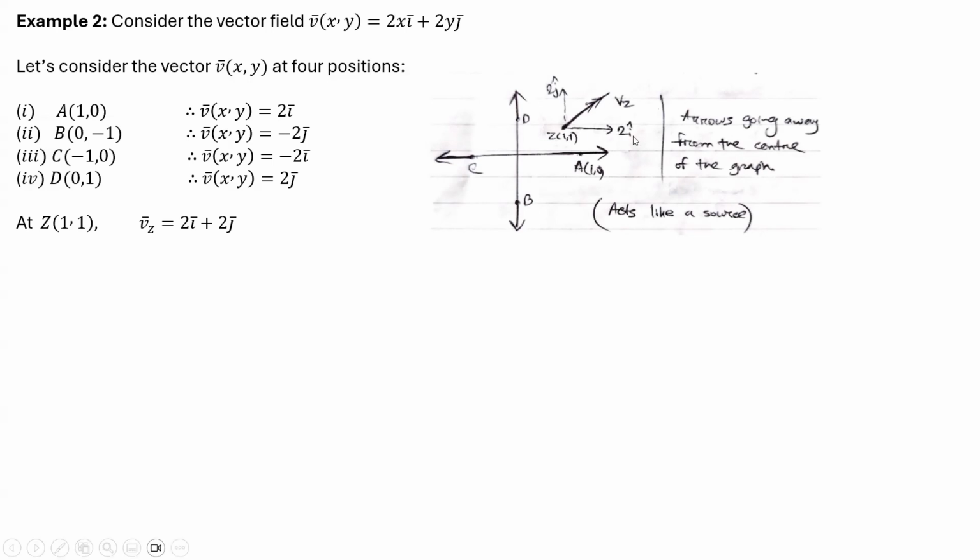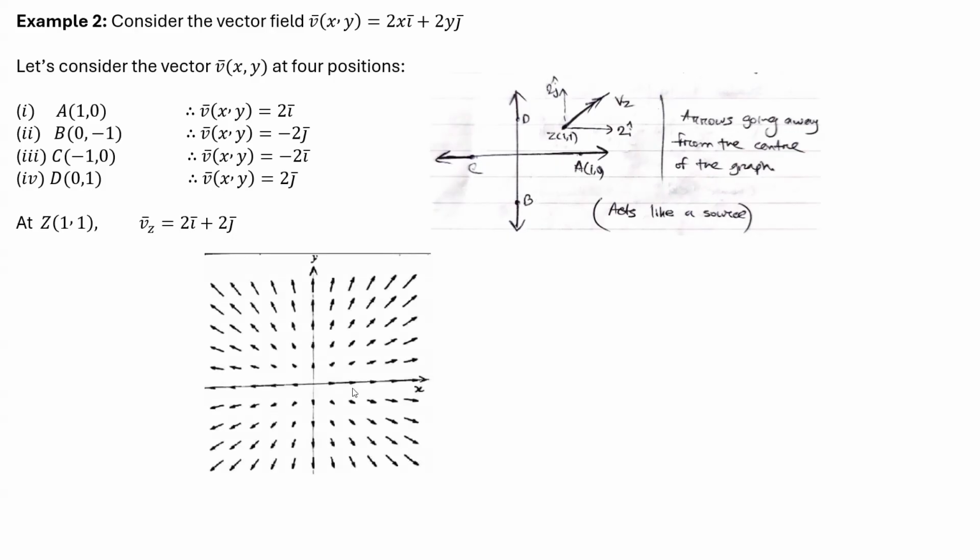This is 2 i cap in the horizontal direction, j cap in the upward or vertical direction, and this Vz is the resultant of it. As you can see, this arrow is going away from the center. This is the center or origin of the graph. So it's going away from the origin, and this is a source. If we complete this graph, it will look like this. It's moving away from the center of the graph, and it's a source.